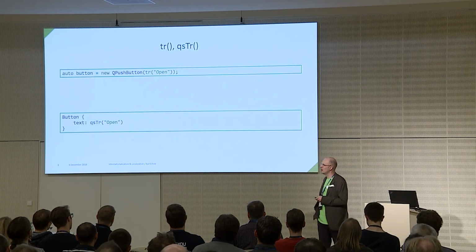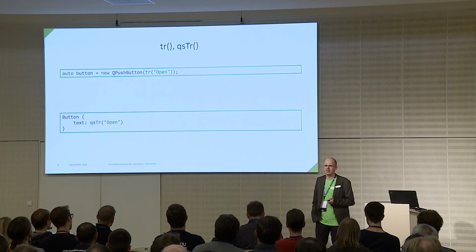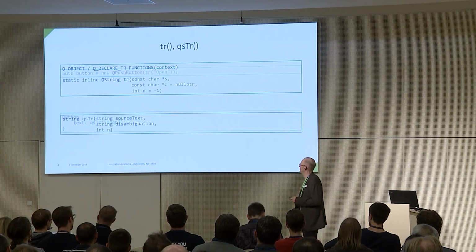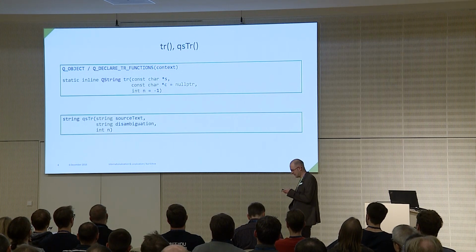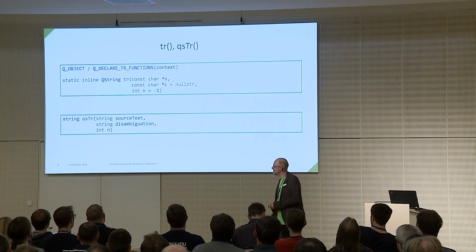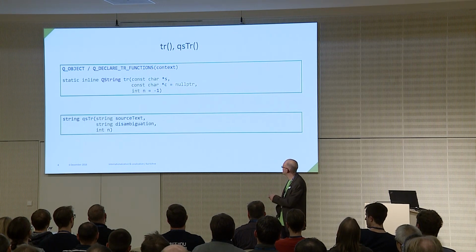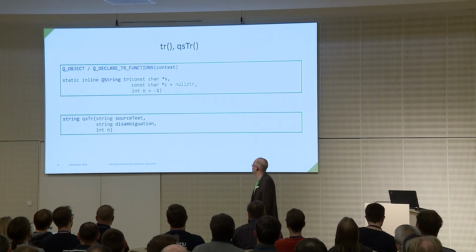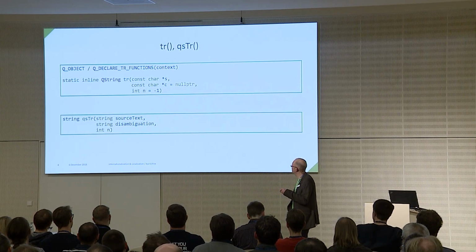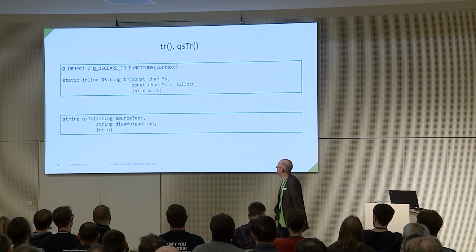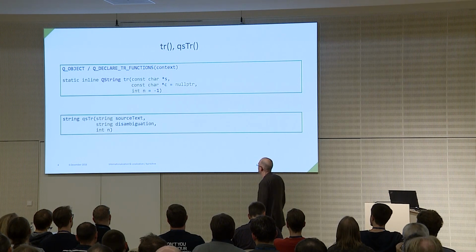Yes, there is a tr in QObject, but that's not the one you usually use. What you are using is the QObJECT macro, the Q_OBJECT macro, which automatically resolves to a static inline QString tr and friends.